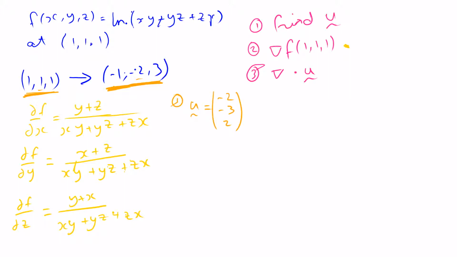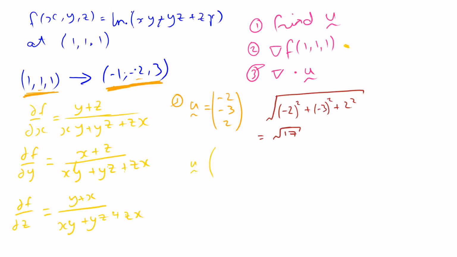Now, we specified that u had to be a unit vector. So, to make it into a unit vector, we're going to take the square root of the components squared, so -2 squared plus -3 squared plus 2 squared, which is root 17, and then we are going to divide all of these elements by root 17.